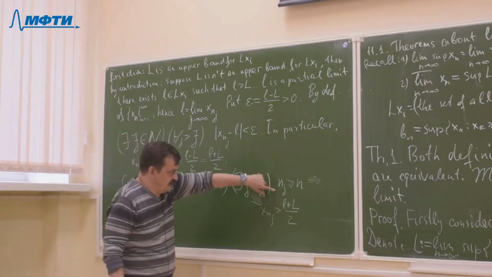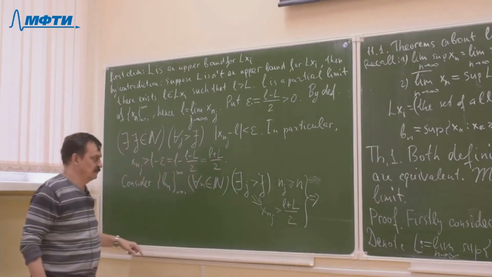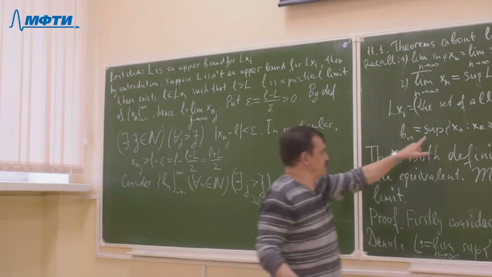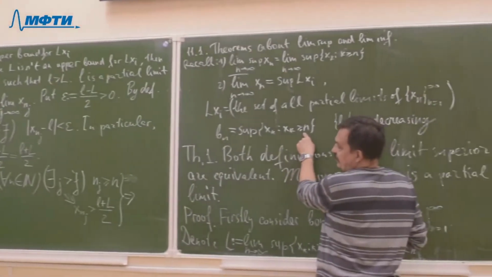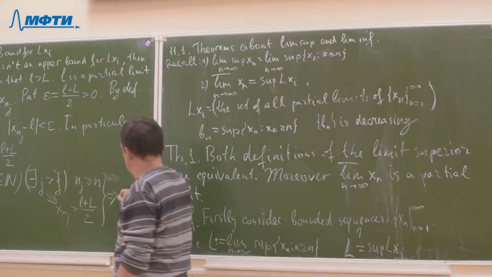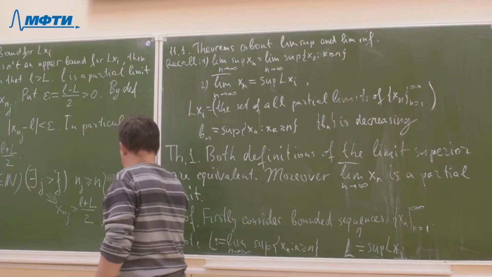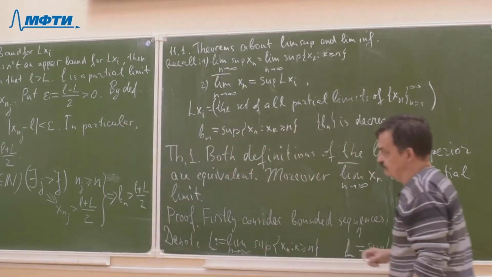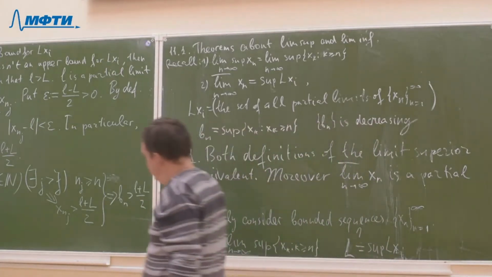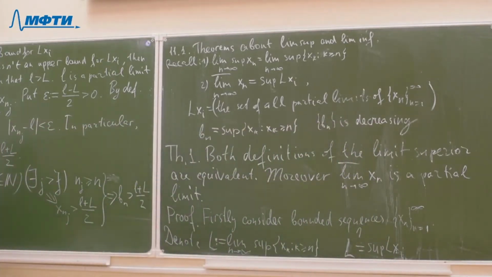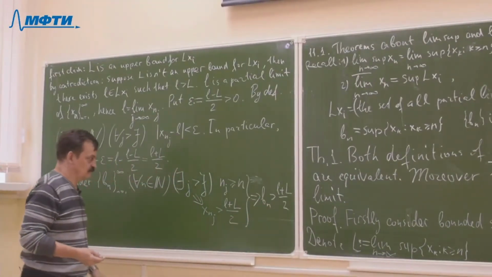And n_j greater or equal than n. And recall that Bn is the supremum of all xk such that k greater or equal than n. Hence, Bn is greater than (l plus L) over 2, because Bn is a supremum. Now, what do we have? For arbitrary n, Bn is greater than (l plus L) over 2.